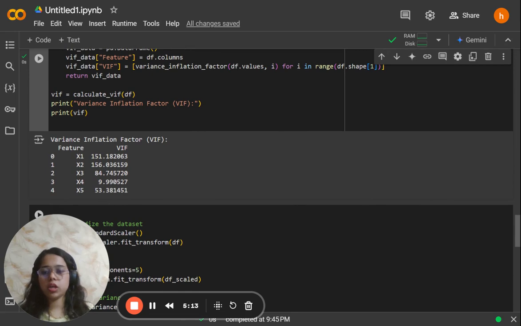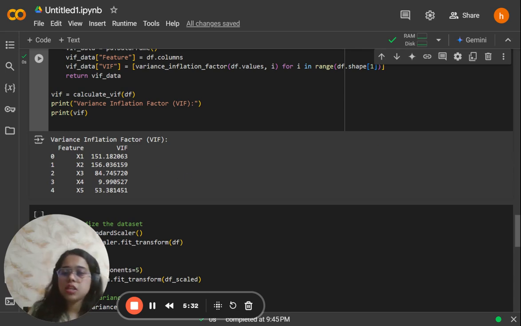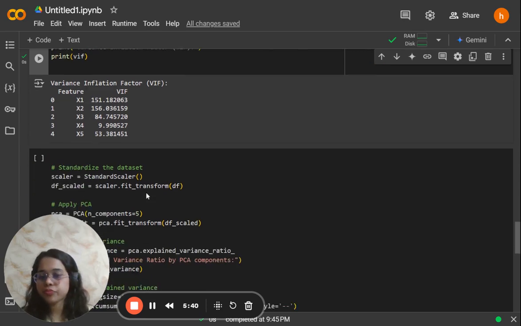To keep in mind while using VIF: if VIF is greater than 5, it indicates moderate multicollinearity, and if VIF is greater than 10, it indicates severe multicollinearity and the need for corrective action. So here we have seen that most of our features are greater than 10, that is, severe multicollinearity.